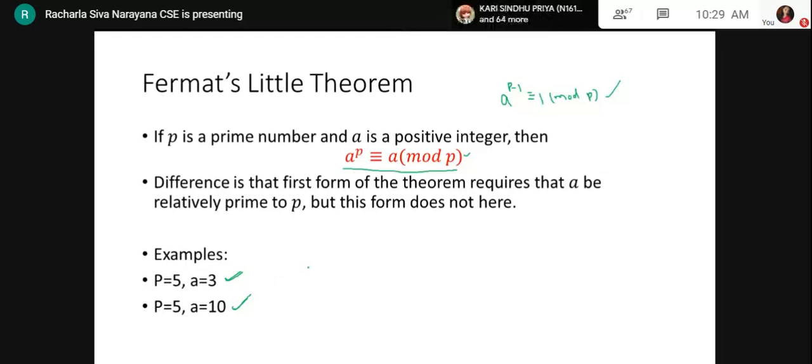So here the a value is 3 and the p value is 5. So 3 power 5 mod 5 is equal to 3 mod 5.